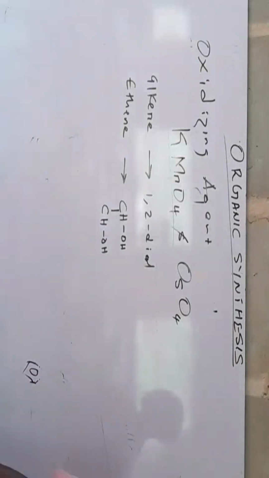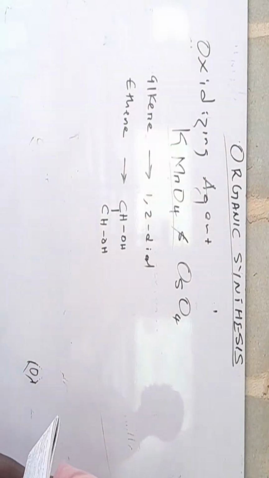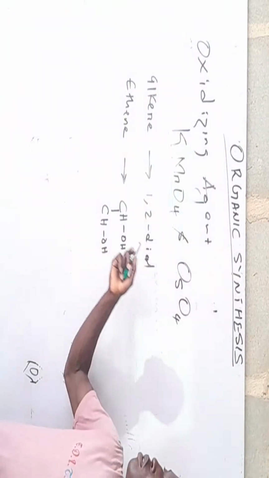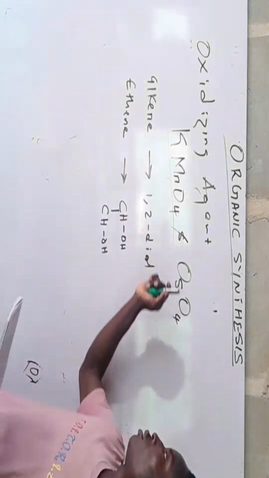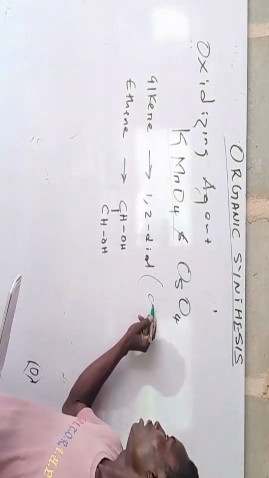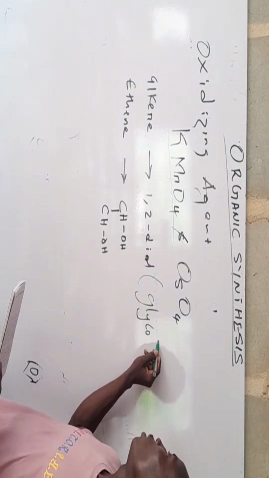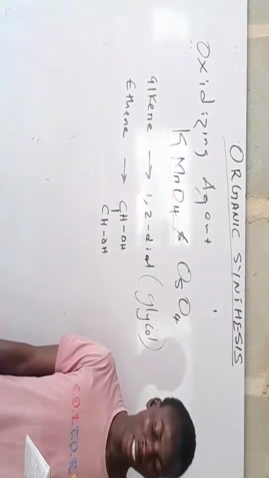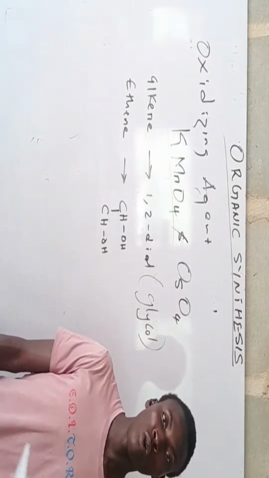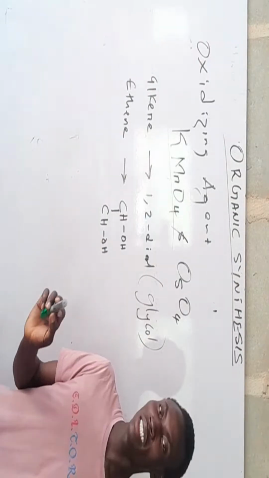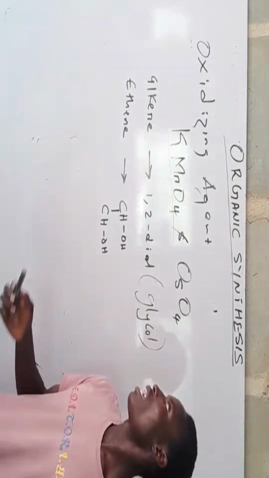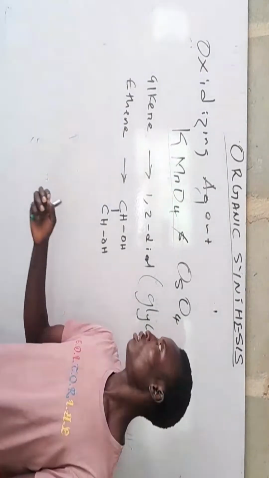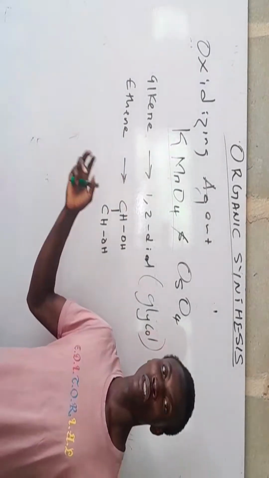Now, by a stereospecific process called syn hydroxylation. So the process that we use to convert alkene to 1,2-diol, such as glycol, is called syn hydroxylation or syn addition of two OH groups in a very simplified manner. Syn hydroxylation simply means you bring two OH to join a given alkene compound.